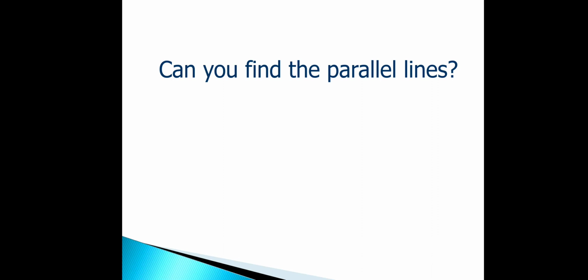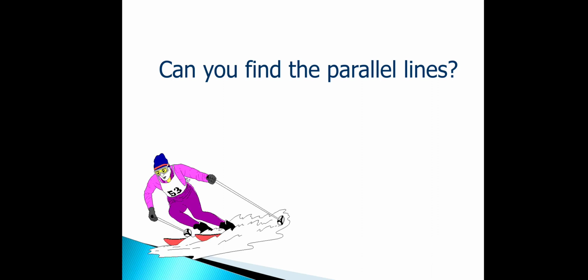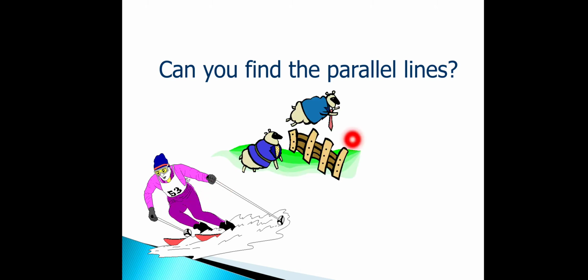Can you find the parallel lines? You can find the parallel lines here. The stick. This stick is parallel to this stick. This part of wood is parallel to this part of wood, and the two shelves are parallel together.